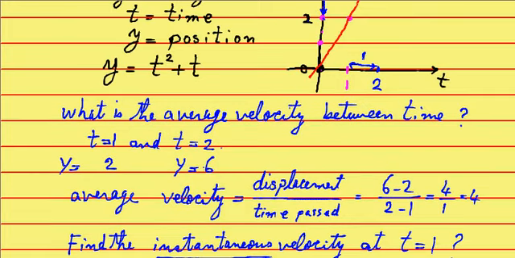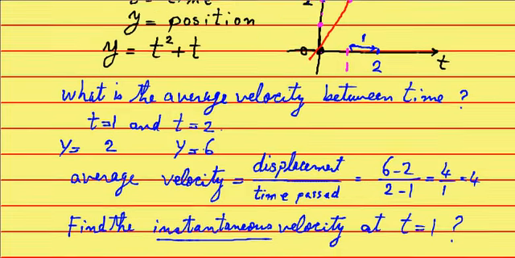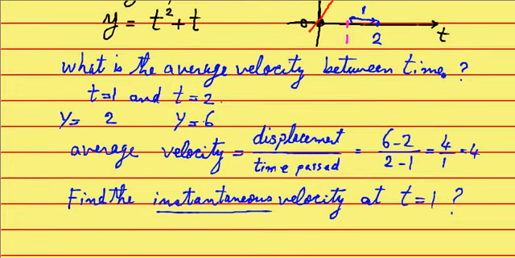And what should we do? Well, in practice, what you have to do is to take a very, very small window of observation. Instead of going all the way from 1 to 2, go from t equal to 1 to, just wait a very short amount of time, let's say 1/100th of a second.